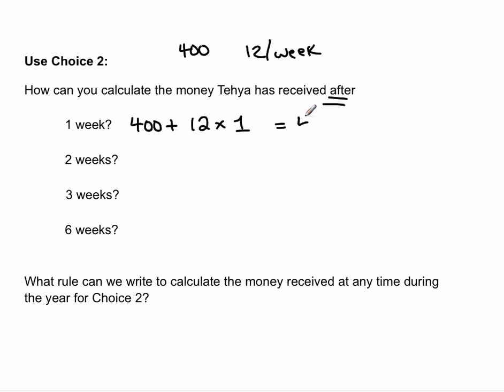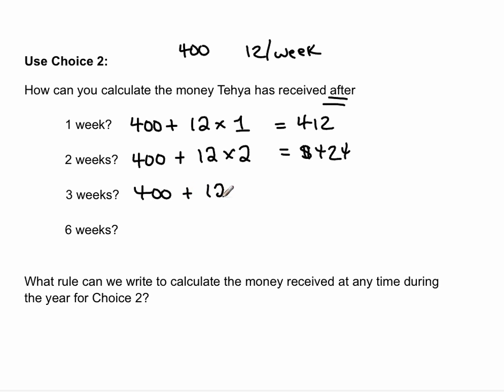And that'll give us 412. Now there's different ways you can do week two, but I'm going to use the pattern. So I'm going to go 400 plus 12 times 2.